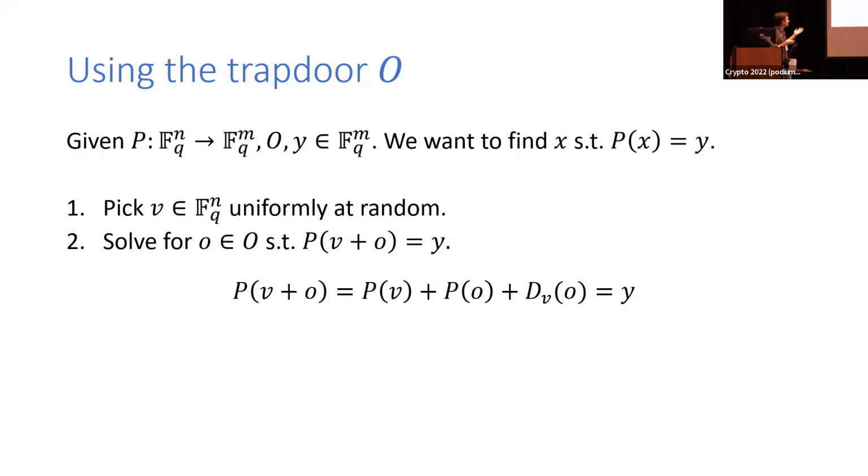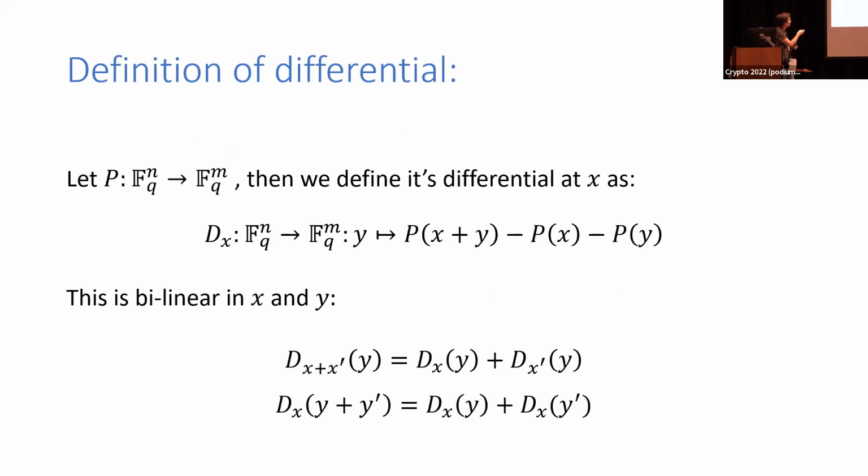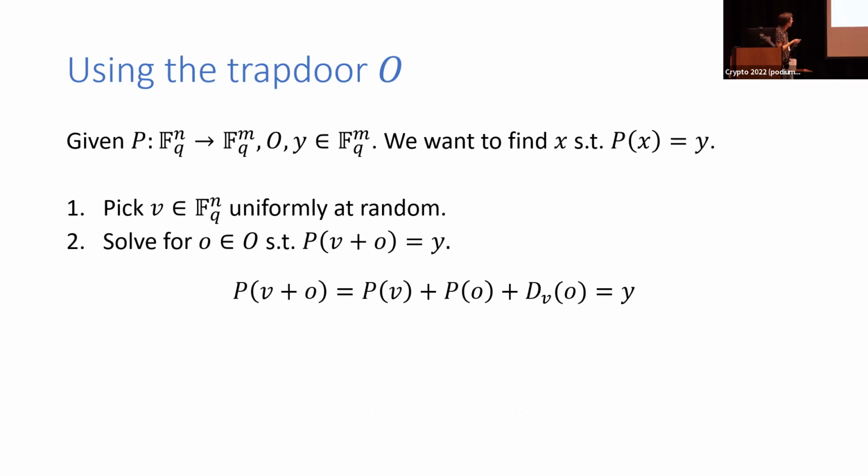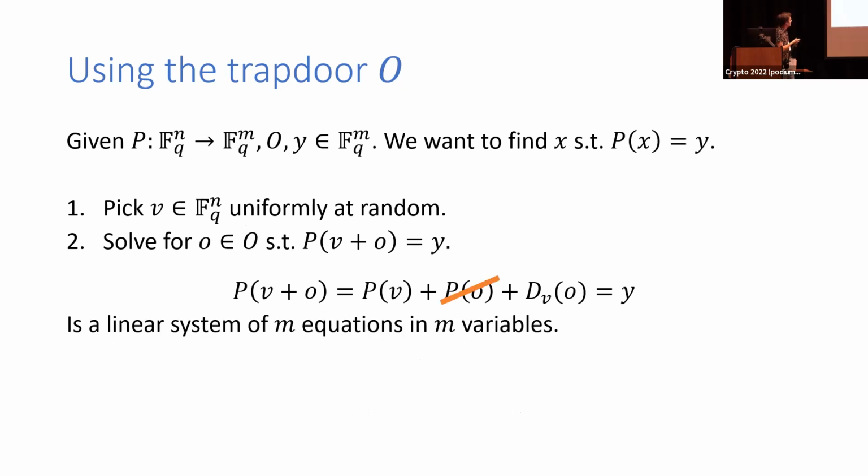And it turns out that doing this is just a system of linear equations, right? Because with our definition of the differential, we can write P of v plus o as P of v plus P of o plus this differential, right? If we go back to look at this definition, you just move the P of x and P of y to the other side. And now the trick is, because P vanishes on O, we can ignore this middle term, and what remains is just P of v, which is some constant, and then some linear function of your o.